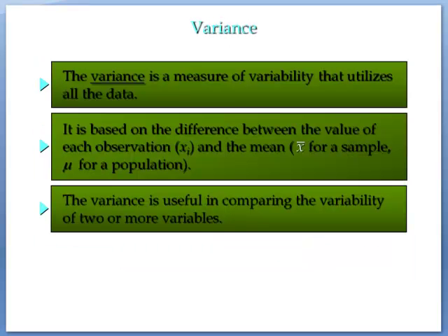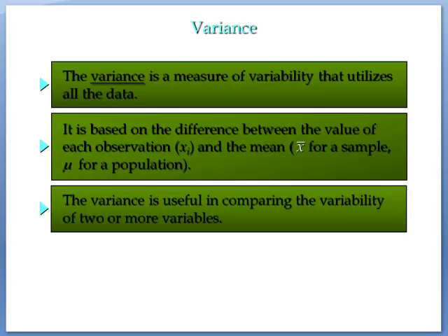The variance uses all the data, not just the largest and the smallest values. Intuitively, what we do is for each data point, we see how far it is from the mean, x bar for the case of the sample, or mu for the population. But what we care about is only its absolute distance. Some numbers, of course, will be higher than the mean, and some will be lower than the mean.